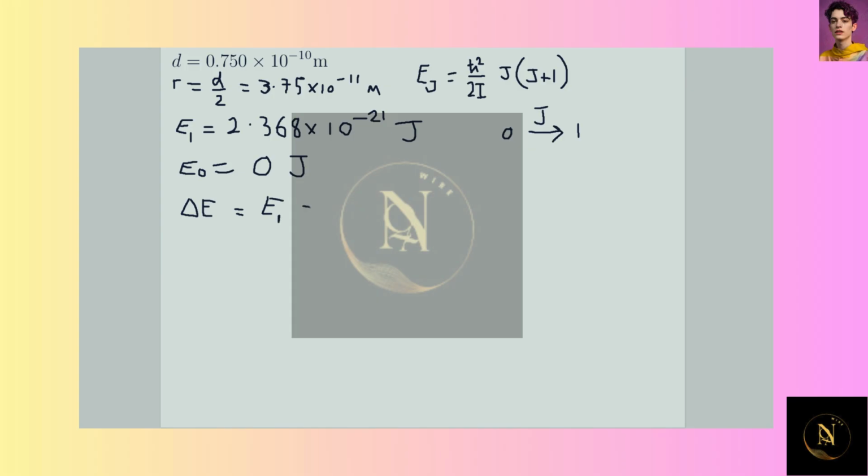We also know that the energy of a photon with respect to its wavelength is E equals hc over the wavelength lambda, where c is the speed of light and h is Planck's constant.